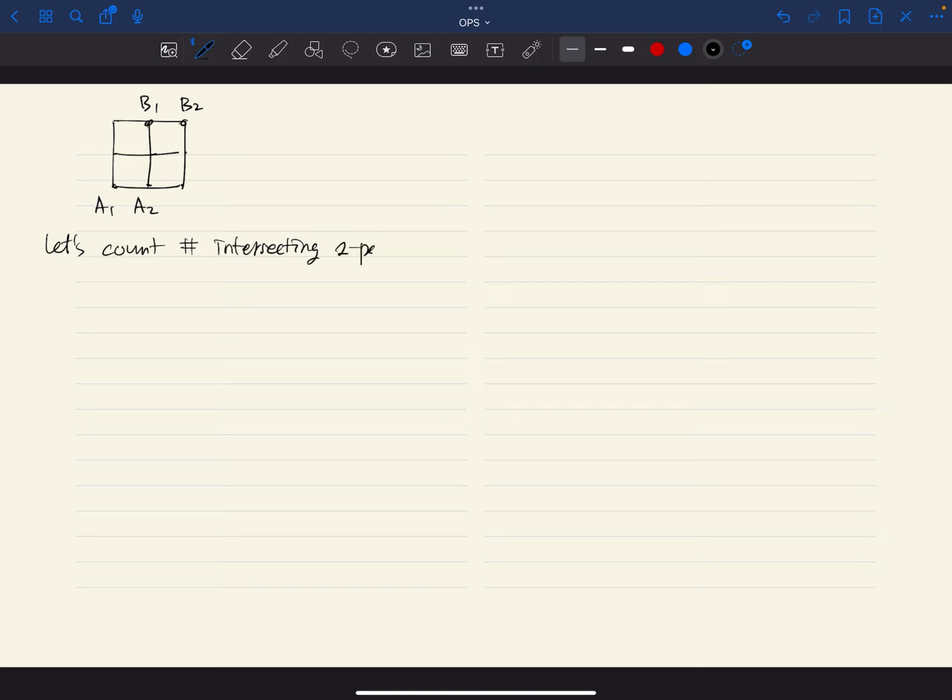Two paths: P1 from A1 to B1, P2 from A2 to B2. So like this. The other path, say like this. Okay? P1, P2. Because they are intersecting, there must be some intersection point, at least one.